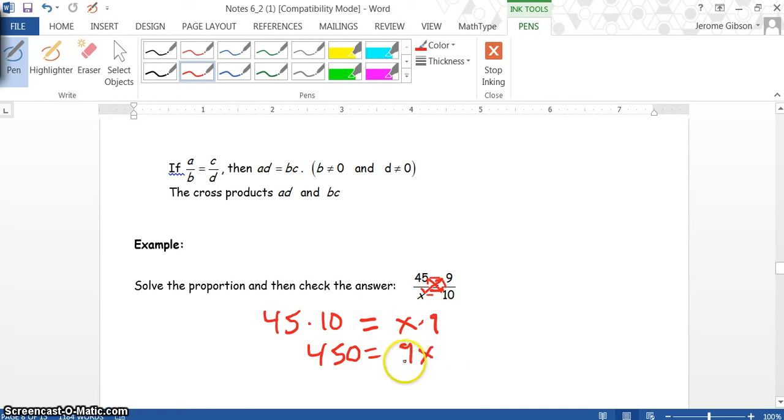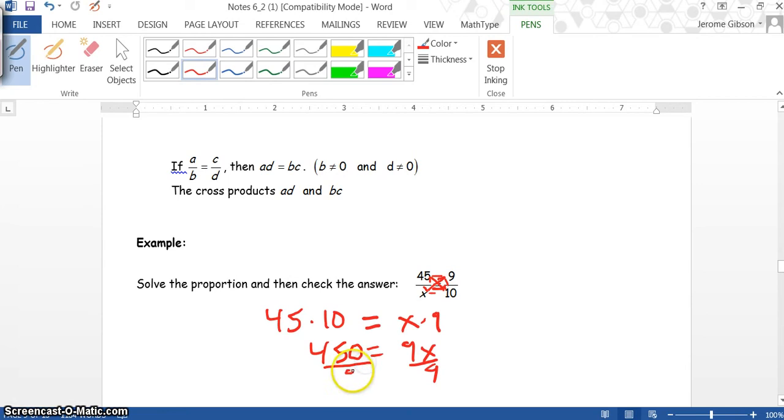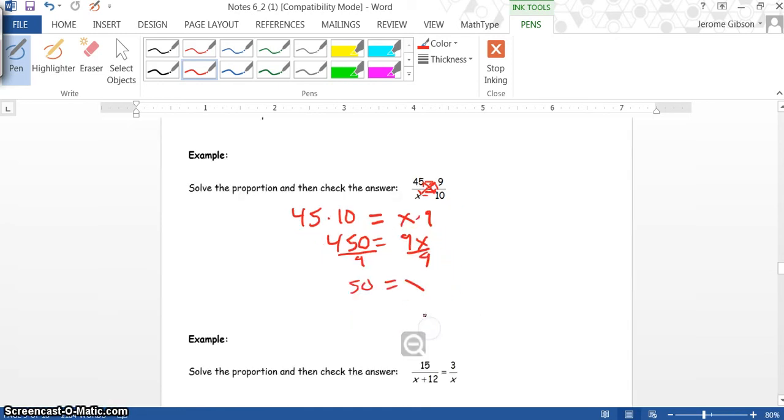Now we would divide each side by 9. 450 divided by 9 is 50, and it equals 9 divided by 9 is 1 times x is x. So your final answer here would be 50.